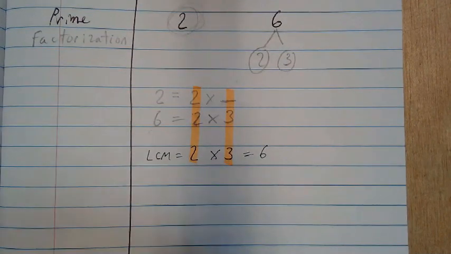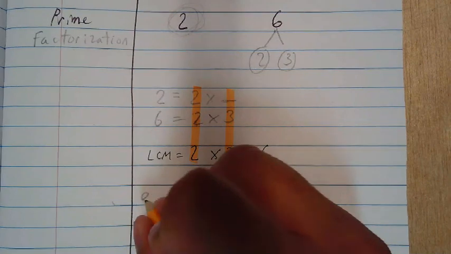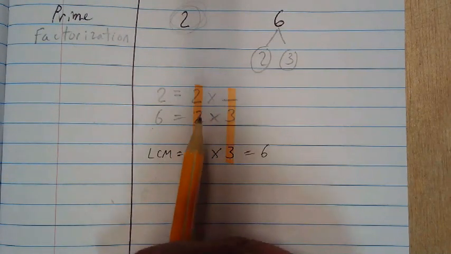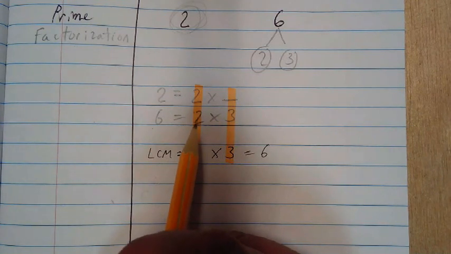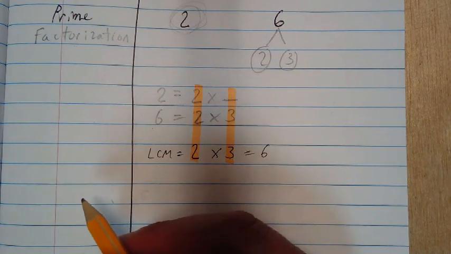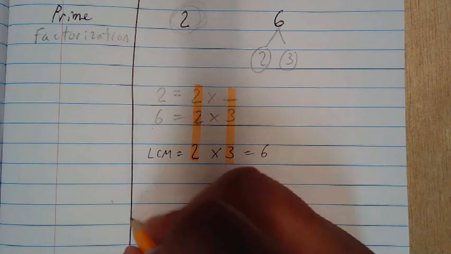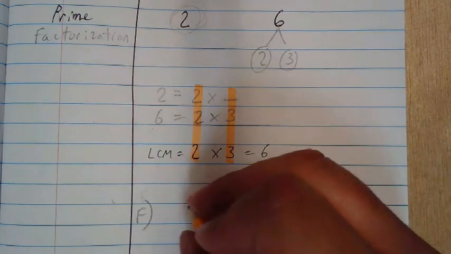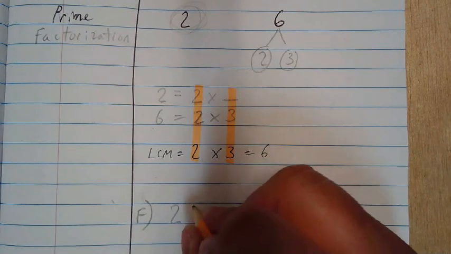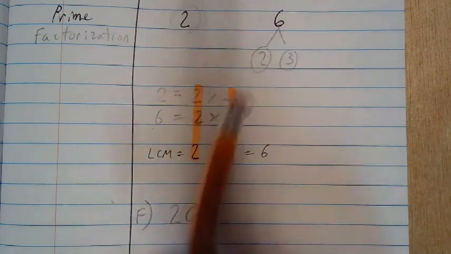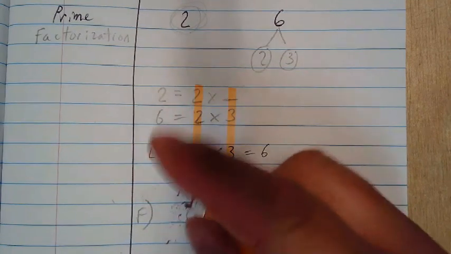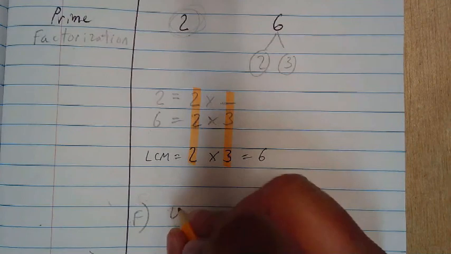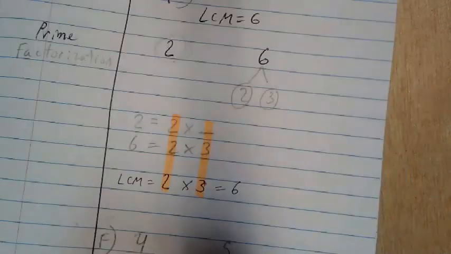Letter F. We're looking for the least common multiple of 4, 5, and 10.